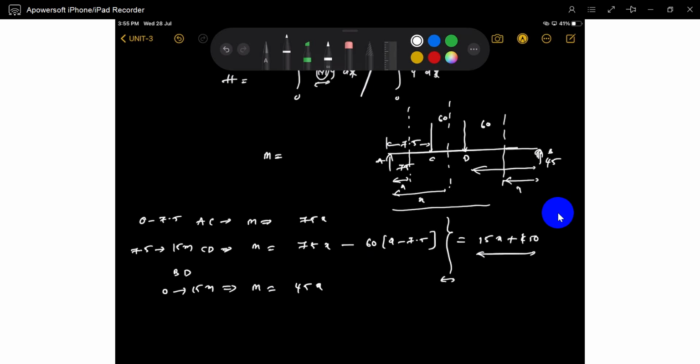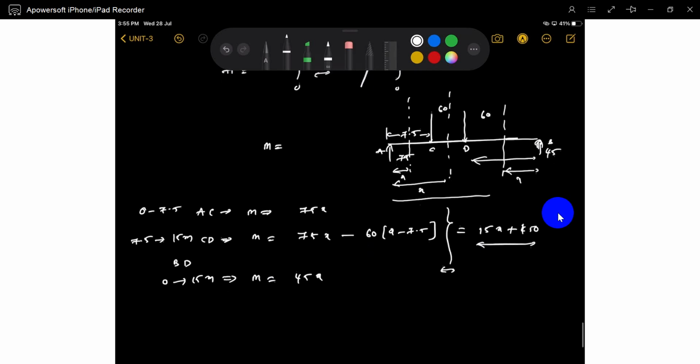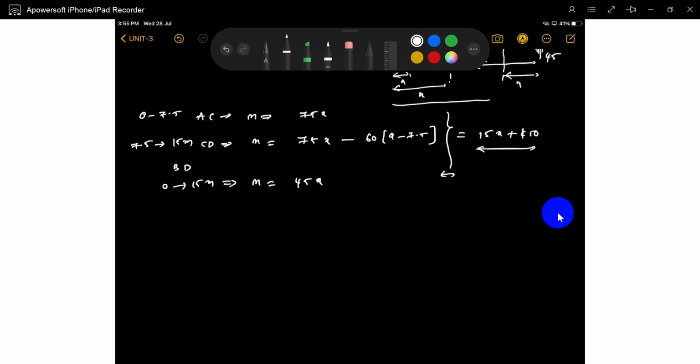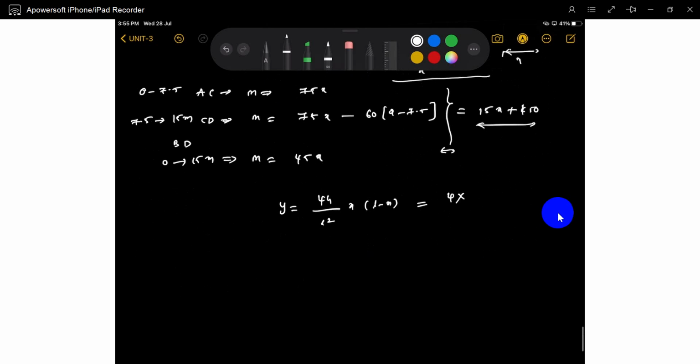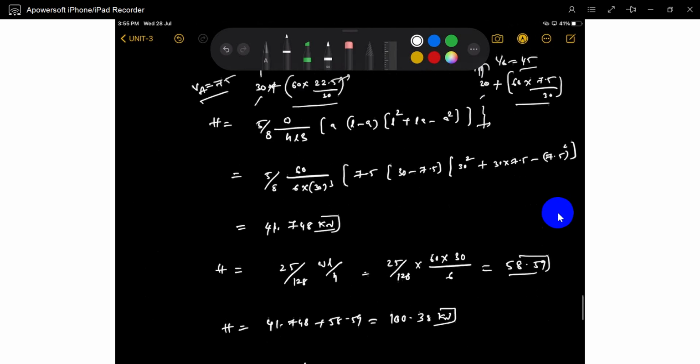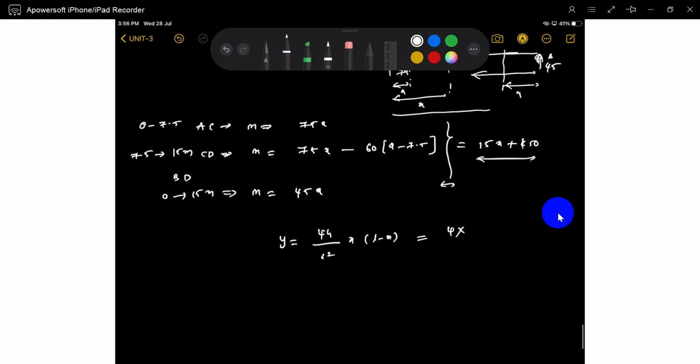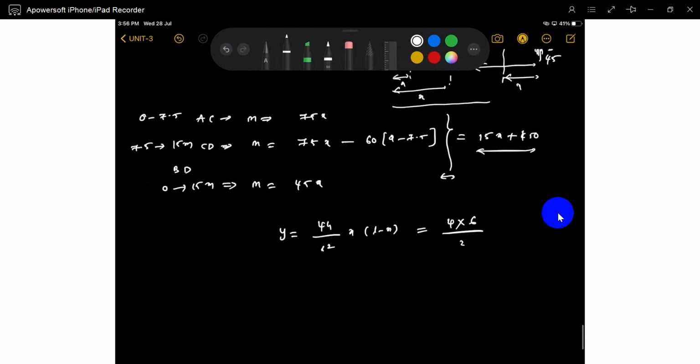It's a parabola. So now the first part. Y also I calculated: 4h by L square, x into (L minus x). So 4h, what is h? H is 6 meters. 4 into 6 by 30 whole square, x we don't know, L is 30 minus x. What is that value?